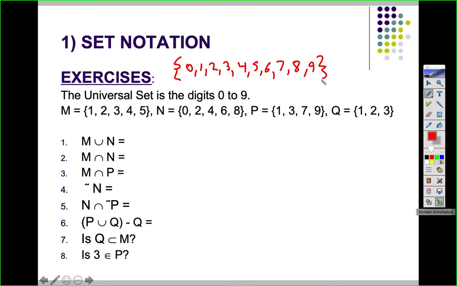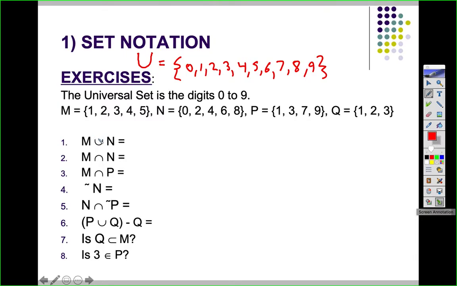So those are the only things we possibly could use. We typically say this is capital U for universal set. And let's get into it. M, unite, meaning or, meaning all.